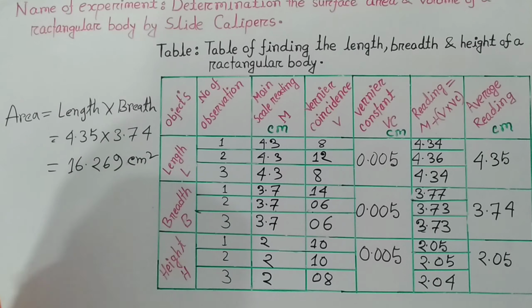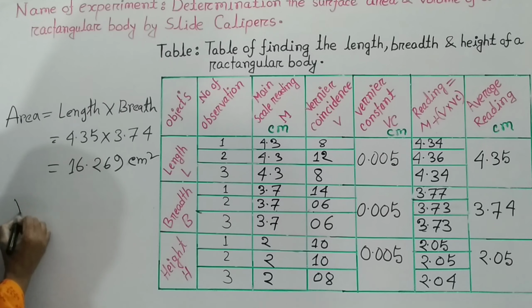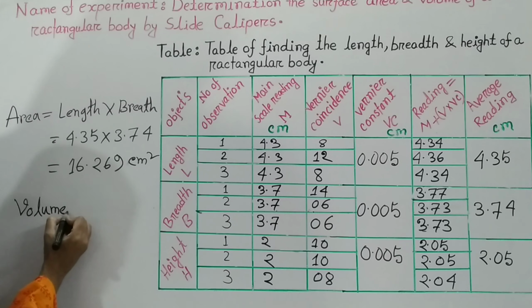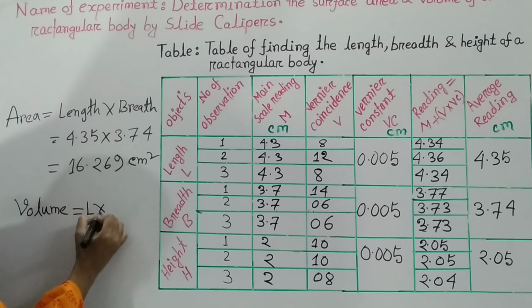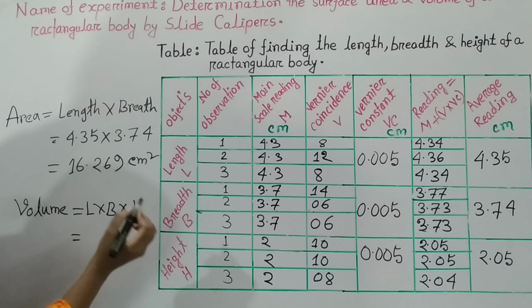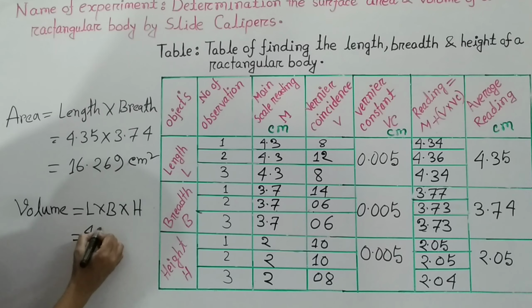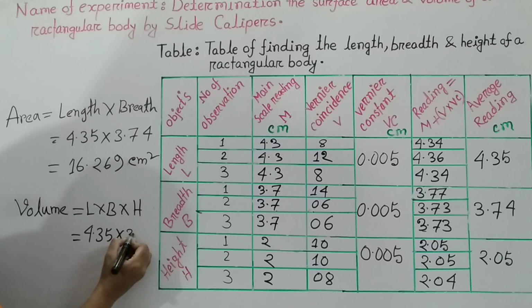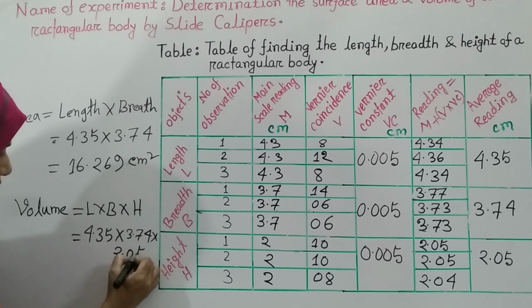Now volume, and you know that the formula is length into breadth into height. The value of length is 4.35, breadth 3.74, into height 2.05.